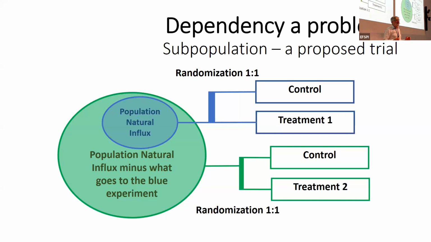If it would be random, I would not have a problem, but it's not the natural influx. It is at the trial site that the clinician decides. So clinicians talk with each other, clinicians have conferences. So independent? There is no 100% guarantee against bias.